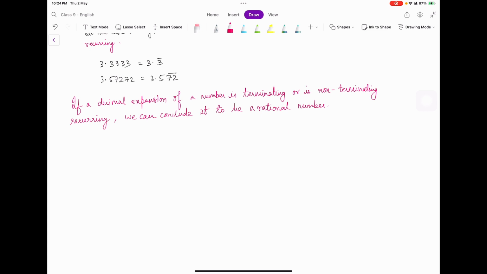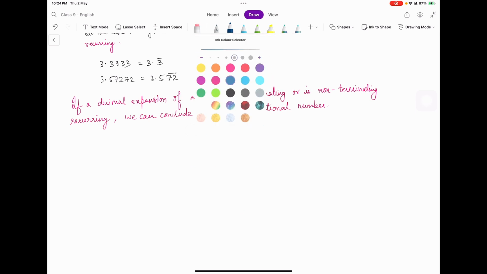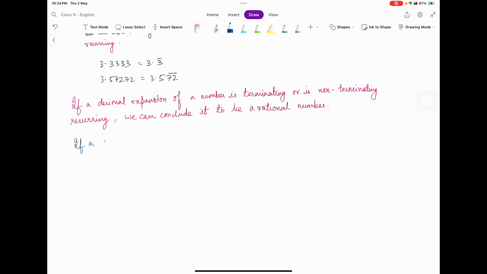Okay, so what will be an irrational number? If the decimal expansion of a number is non-terminating, non-recurring, we conclude it to be an irrational number.